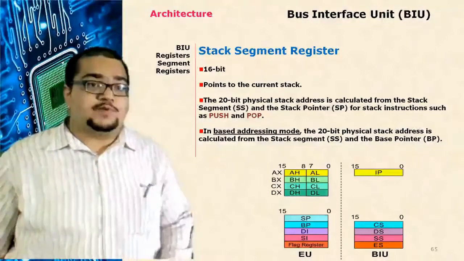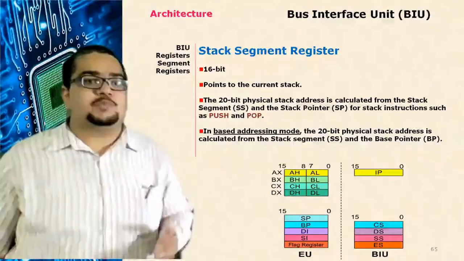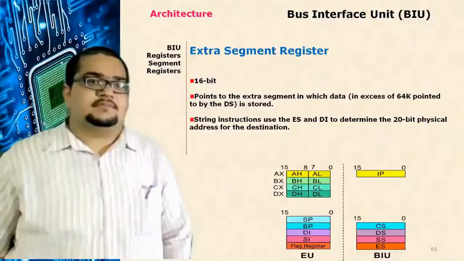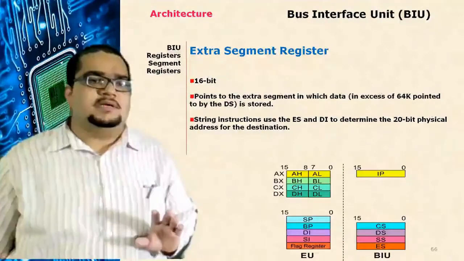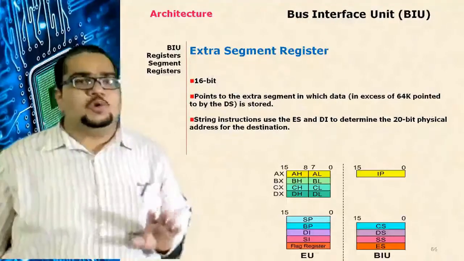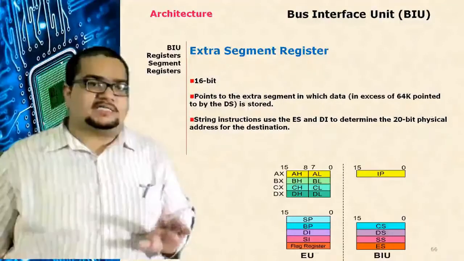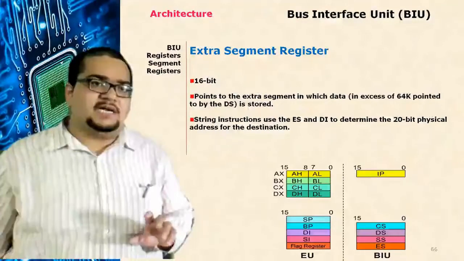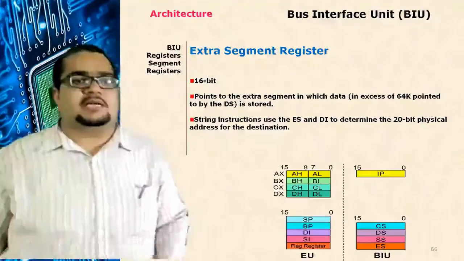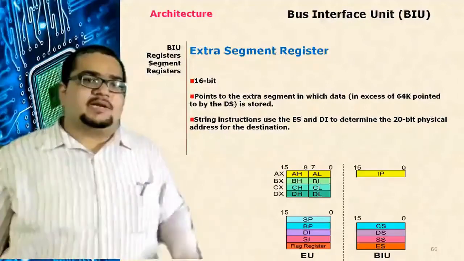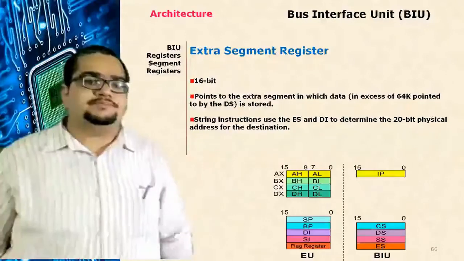The stack segment register is used for storing the segment address of stacked memory, in which data is placed one upon the other. The extra segment is similar to the data segment register. It also holds the address of data which is randomly arranged, just as your data segment. It is basically an extended area for storing data, where the data segment of memory is the normal area where the data has to be stored, and the extra segment of memory is the extended area where data can be stored.